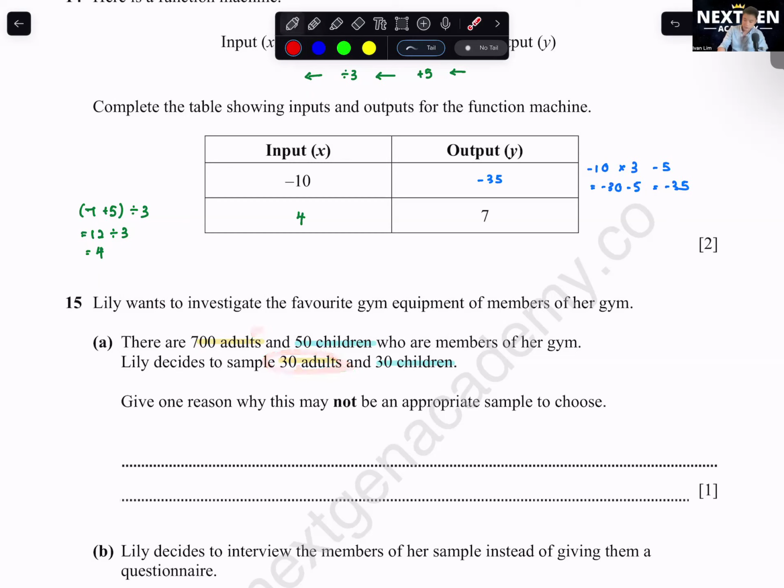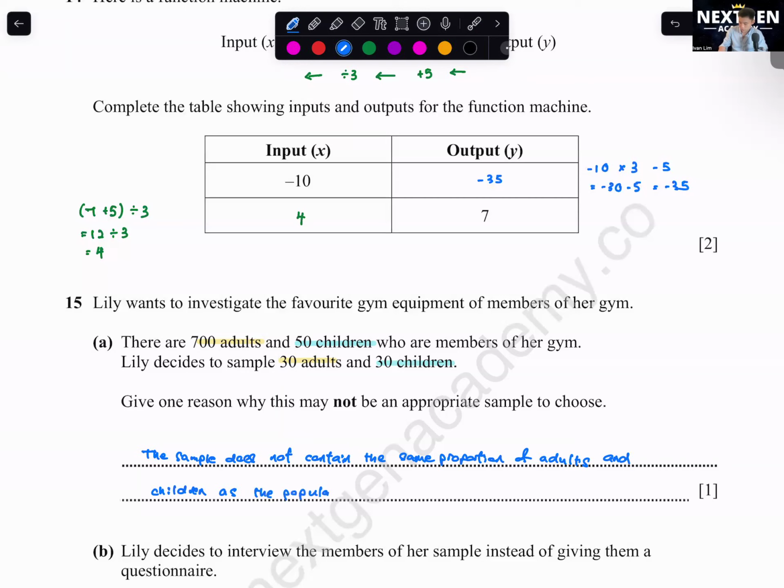So the reason why, we can write this down: the sample does not contain the same, keyword is same, proportion of adults and children as the population.